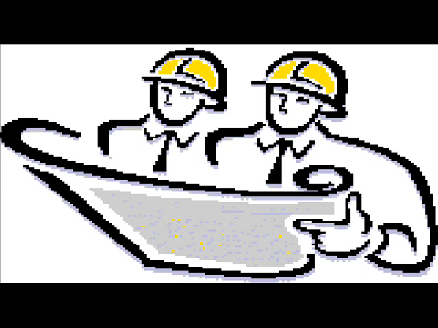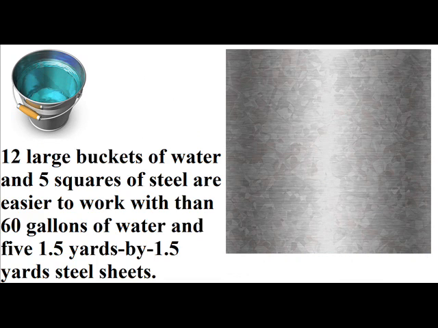Or if I were to say to my coworker that I need 12 large buckets of water and 5 squares of steel for the job, he knows that I need 60 gallons of water and 5 1.5 yards by 1.5 yards steel sheets because they are the materials with which we work regularly and have a common association with.